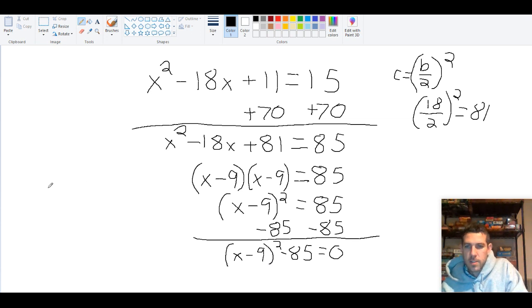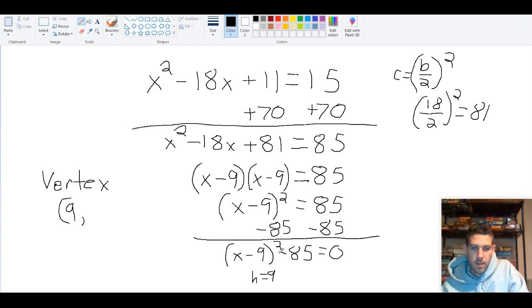So the vertex of this equation, if I were to graph it, is going to be the opposite value of what I see inside the parentheses because of that minus h. In this case, the minus h is 9. So h is 9. So the vertex would have an x value of 9.